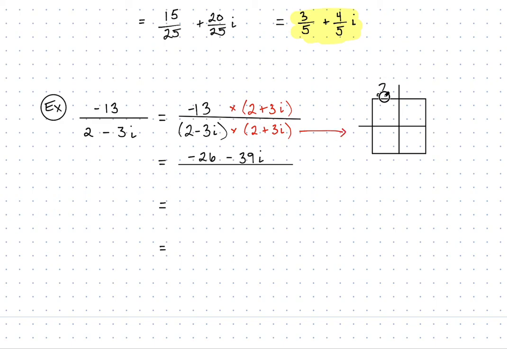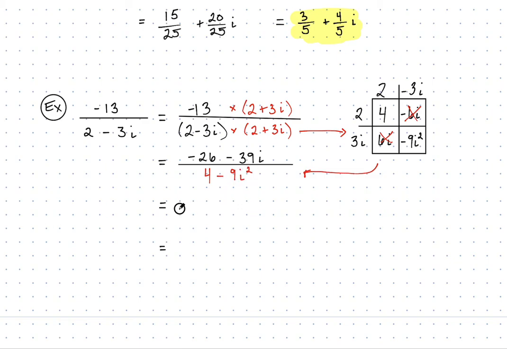So I've got 2 minus 3i and 2 plus 3i. And when I do this out, I'm going to get 4 minus 6i plus 6i minus 9i squared. Again, these numbers cancel, so I can leave them out. And I'm left with, on my denominator, 4 minus 9i squared.